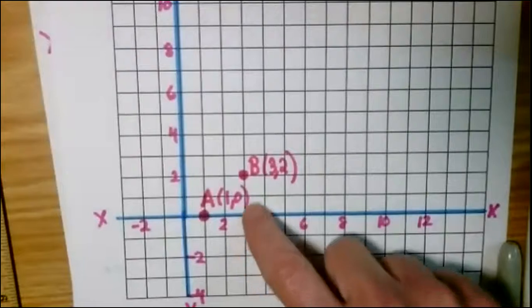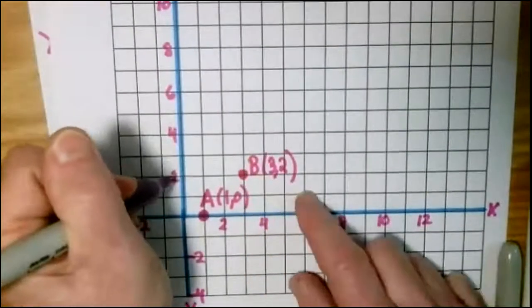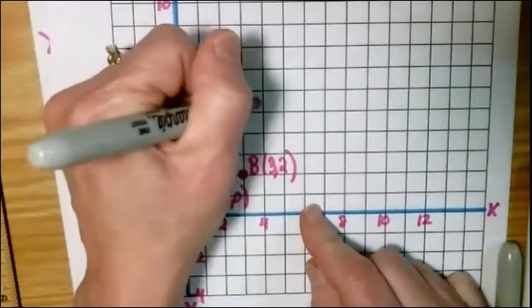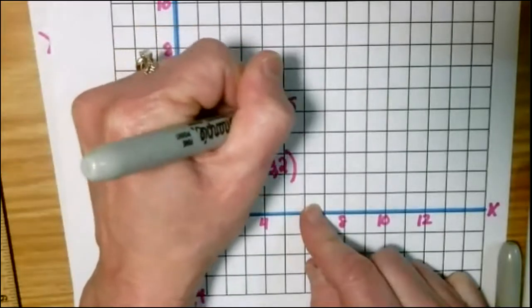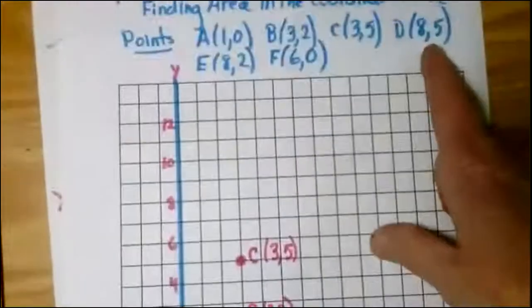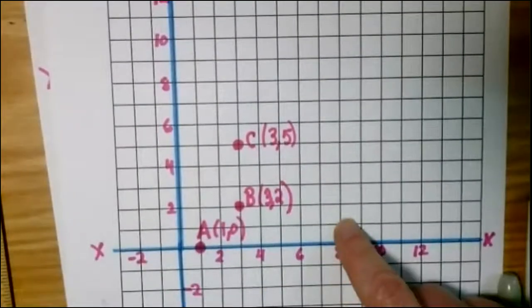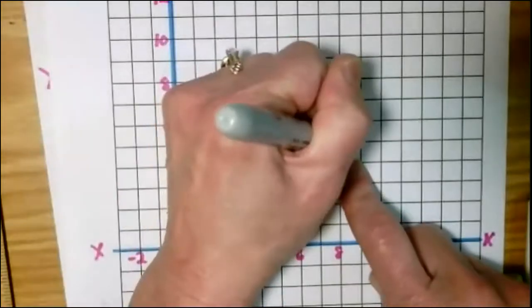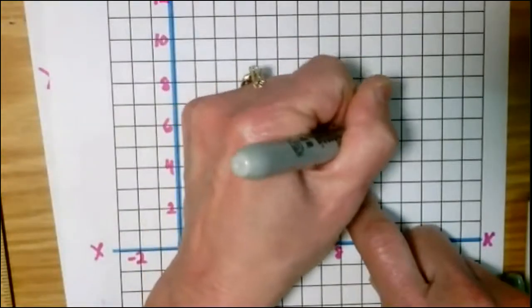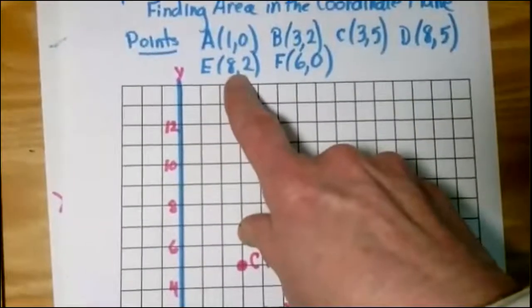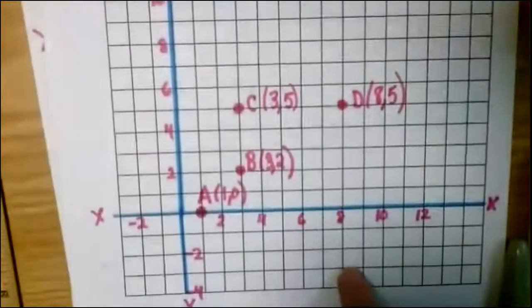C is 3, 5. 5 is way up here. C, 3, 5. D is 8, 5. We have to go all the way to 8 and up to 5. D is 8, 5. E is 8, 2.